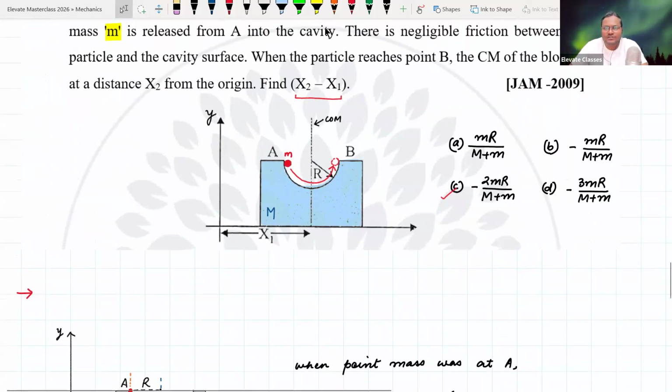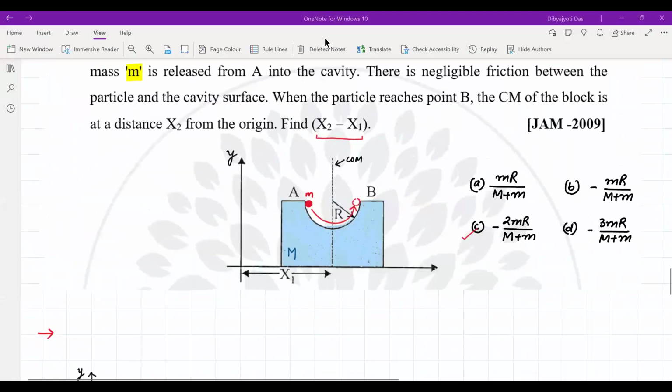I'll give you one more question which is similar to this. Sir, is it a pseudo force acting on the mass capital M? Yes, sir. The capital M is moving. Our system is moving on the left side. So is it a pseudo force that acts on it?